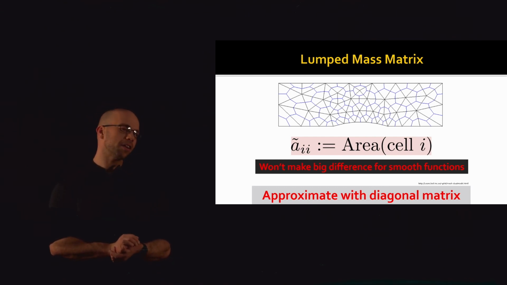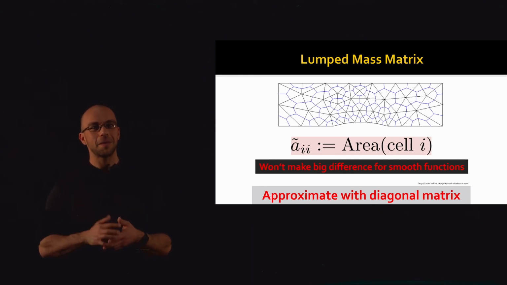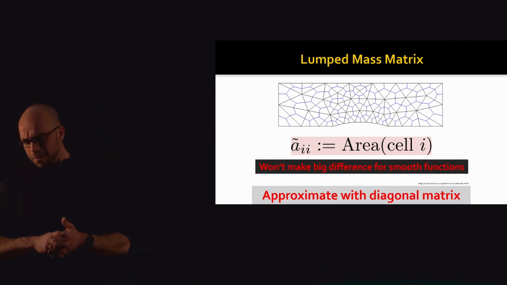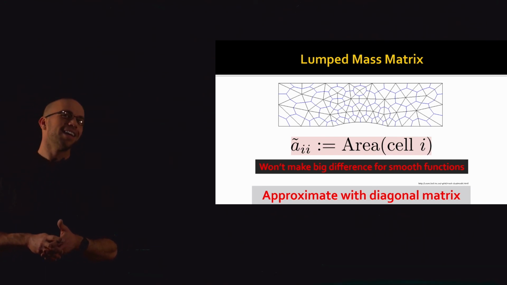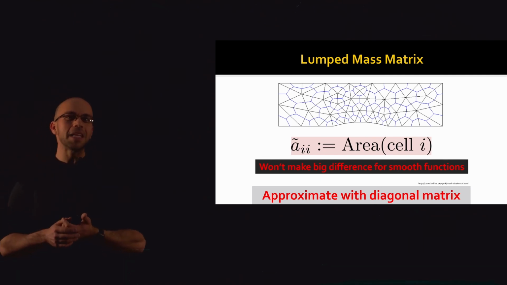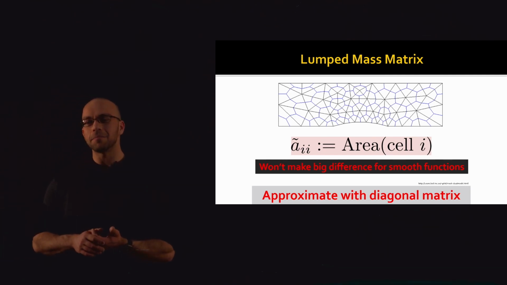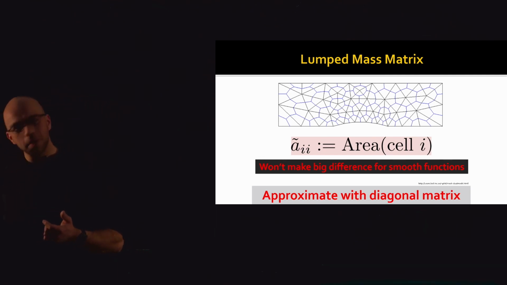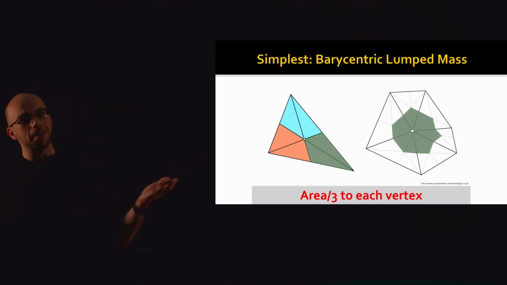It turns out this doesn't make a very big difference for smooth functions, the action of this matrix and the consistent mass matrix, but it's easier to work with. And there's a little bit of mythology out there that somehow working with this matrix gives you a sharper solution to the Poisson equation. It's not 100% clear to me what that means, but it is something you hear a lot in practice. Though there are many choices for how to come up with the area of these dual cells.